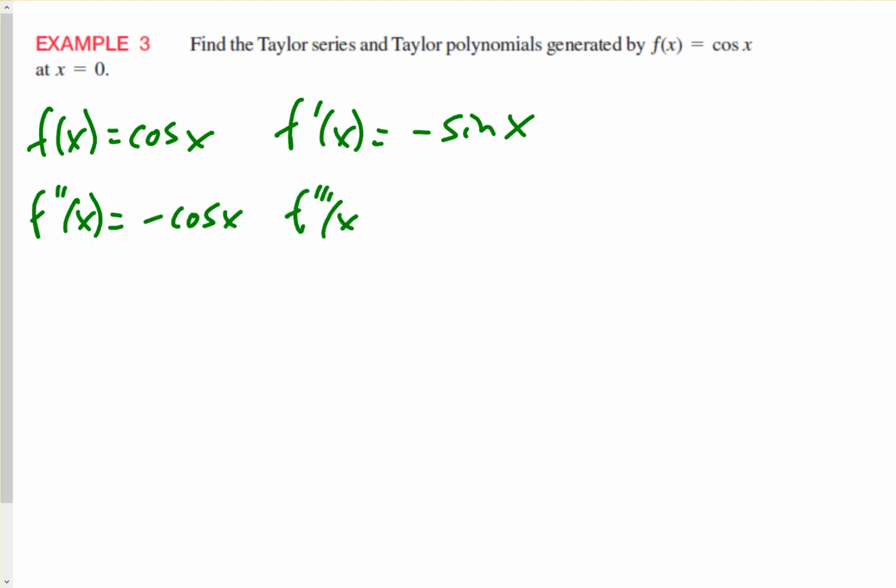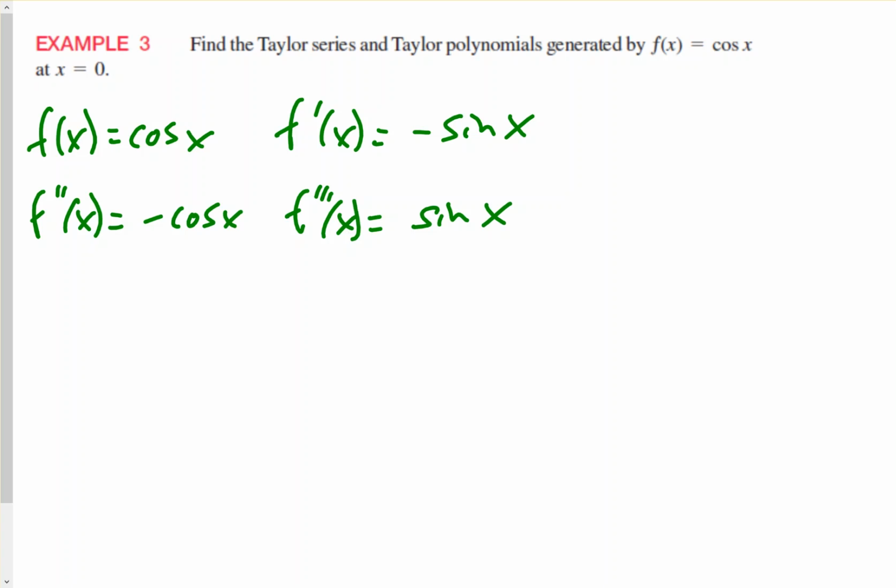Third derivative: the derivative of negative cosine would be negative of negative, so that would be a positive sine x. Okay, and this is going to continue, right? The derivative of sine x will be cosine x, and then we repeat the same pattern.